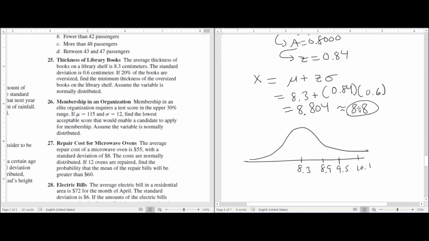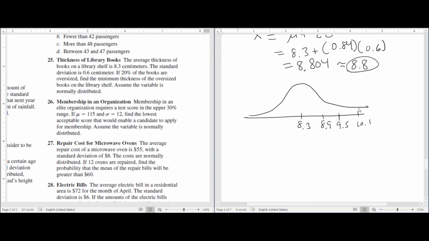Yeah. And then 7.7, 7.1, and 6.6. So it's actually 8.8, and that is worth 20%. So that's the graph for the scenario, but the answer is 8.8 centimeters.